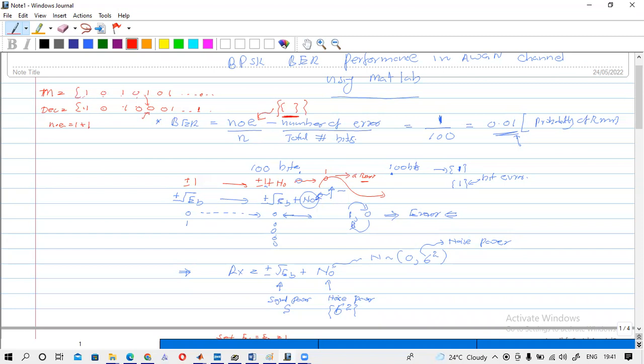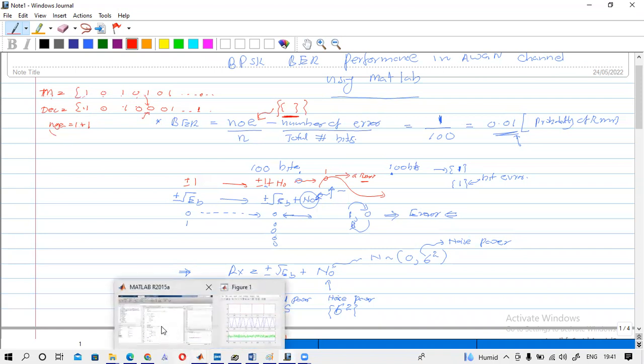Actually we have to be concerned about this: if the message signal and decoded signal are equal, we need not worry. But if it is not equal, we have to increase the number of errors by 1. I can do it very easily.